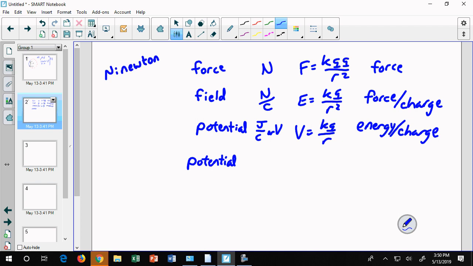That's a measure of force. C is coulombs. That's a measure of charge. So these are the units for the electric field.